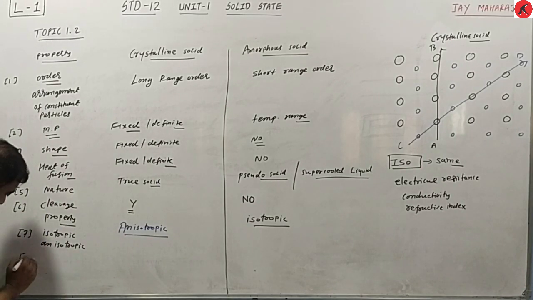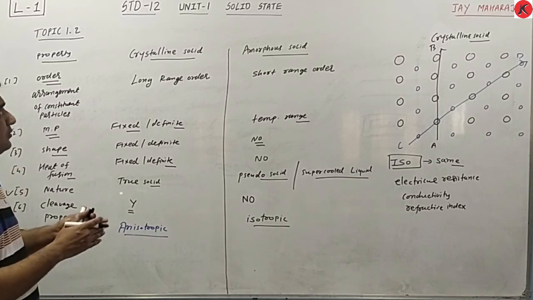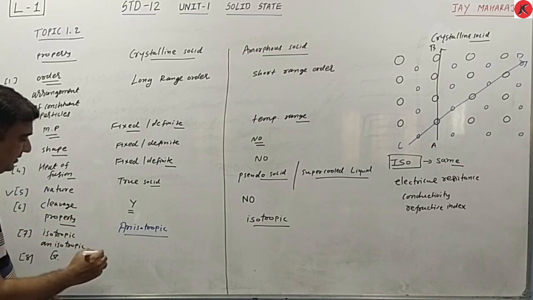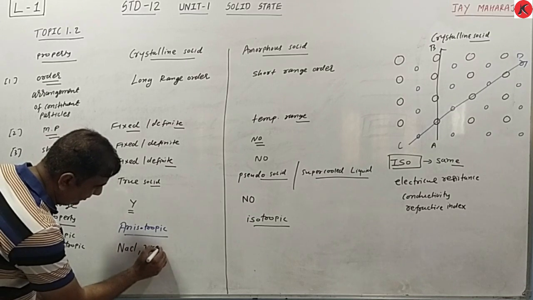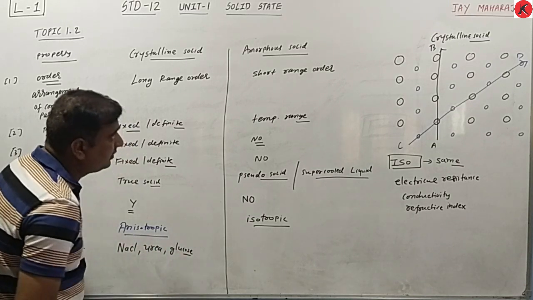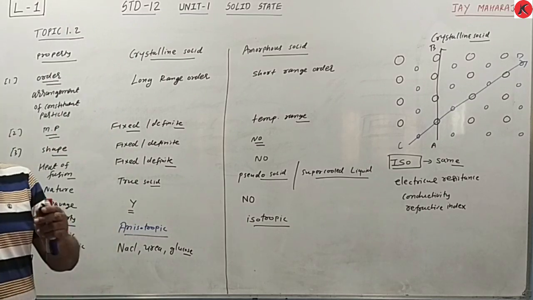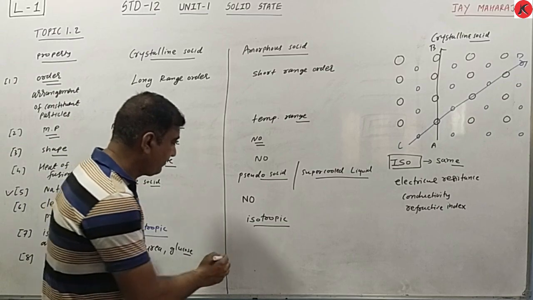And finally, the last point, examples. Crystalline solid, so many examples: NaCl, urea, glucose. Now amorphous solid. Remember the examples of amorphous solid.